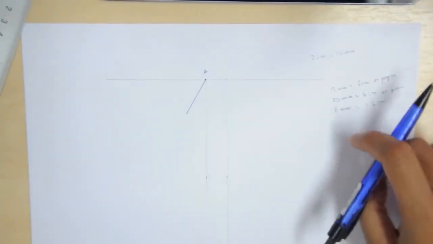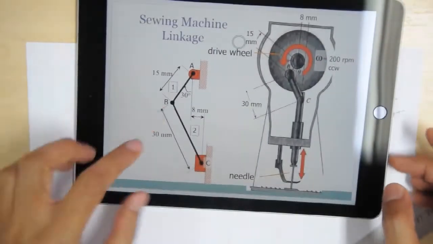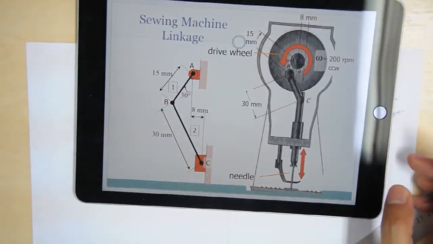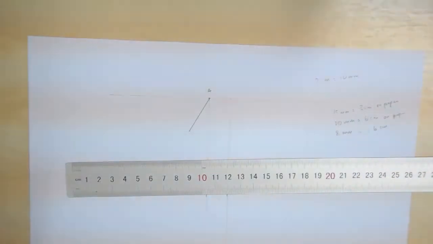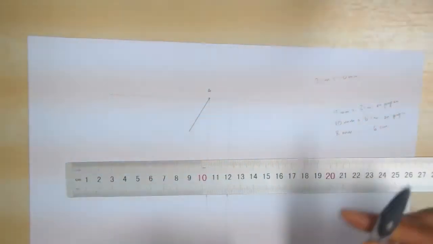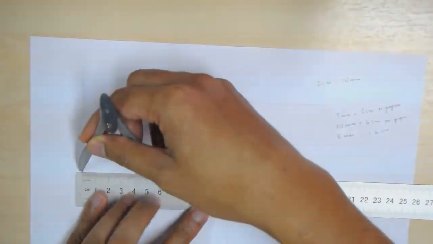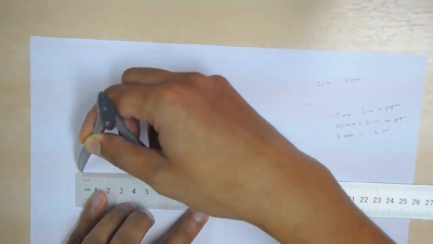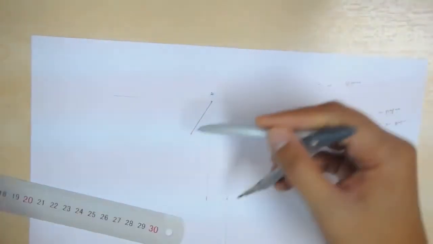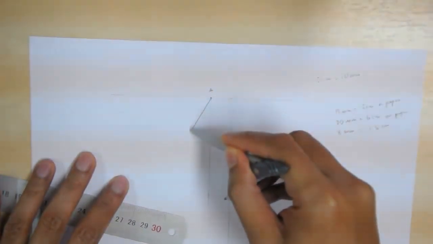Okay, now the length of the connecting link is 30 mm. So now we have to draw it using the compass, which is 6 cm. Draw something like this.